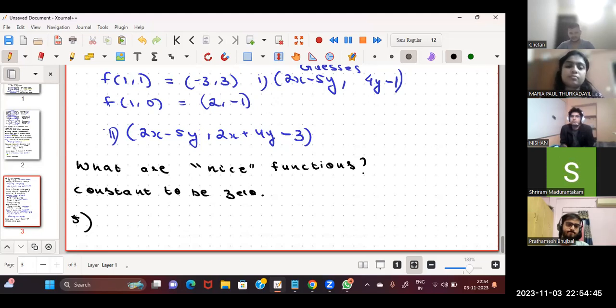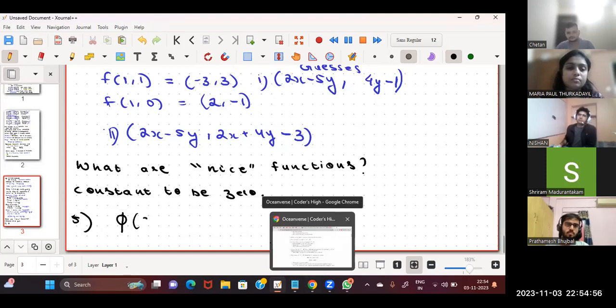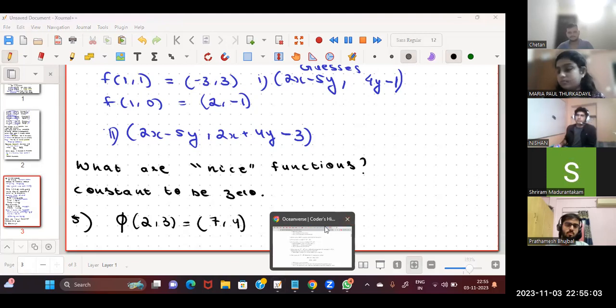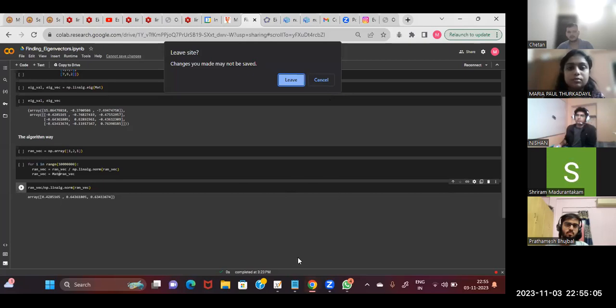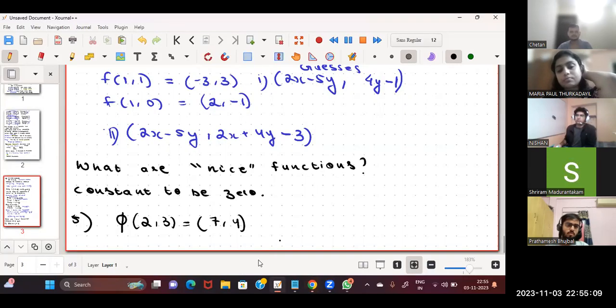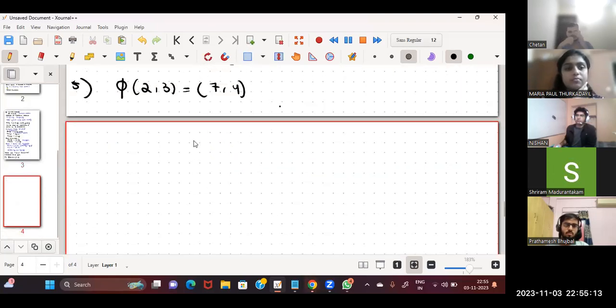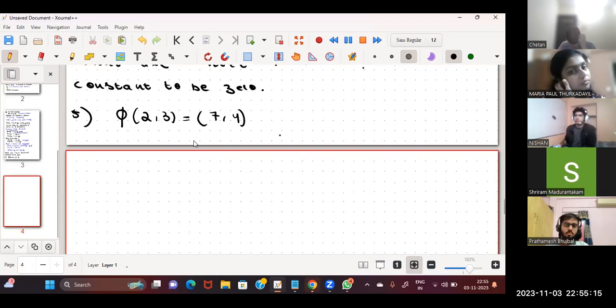Can we get one such possible answer of a nice function which gives me (7, 4) once inputted (2, 3)? Give me one such function that satisfies this.